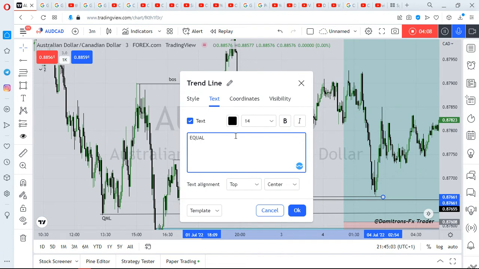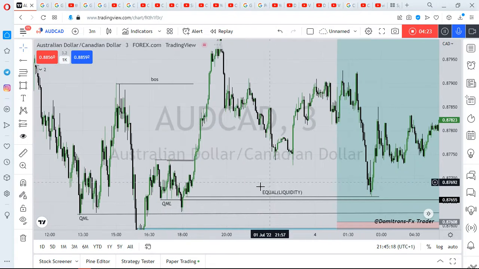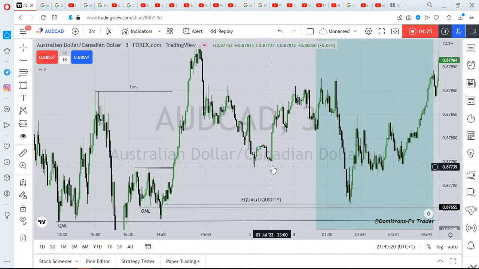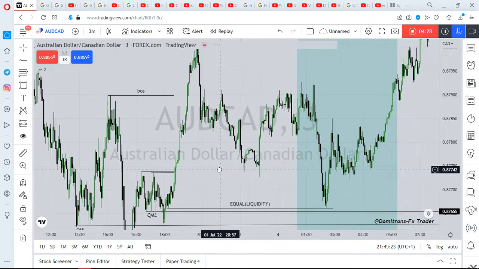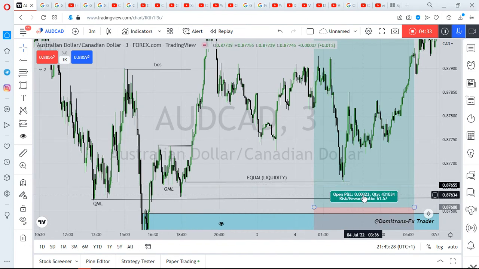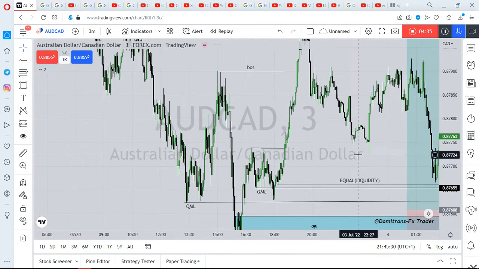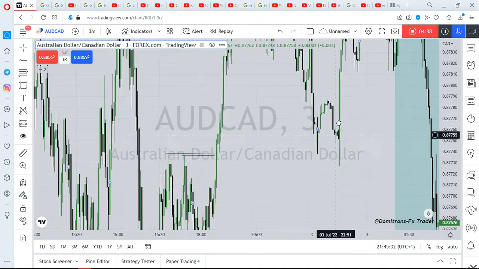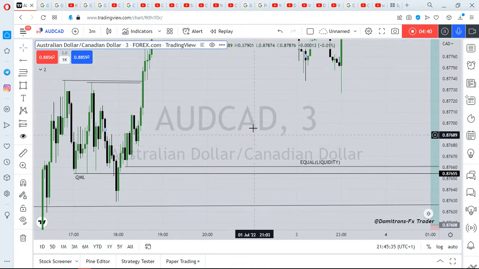Right here, we can see it create equals, and seeing the equals there, the double bottom, now the retail traders see this as where they have an entry zone, and yeah, it's okay if you trade like a retail trader, but in the smart money concept, institutional trading now has liquidity equals, and the best part of it, while looking for an order block and knowing it is valid, is that we get to have liquidity close to that zone, right?